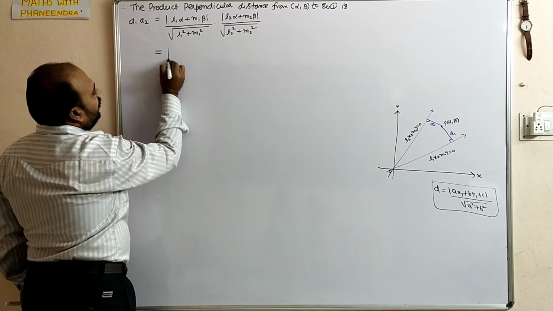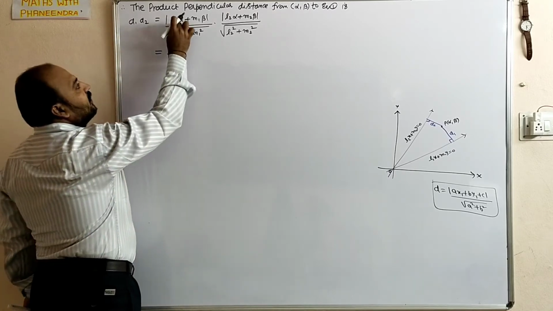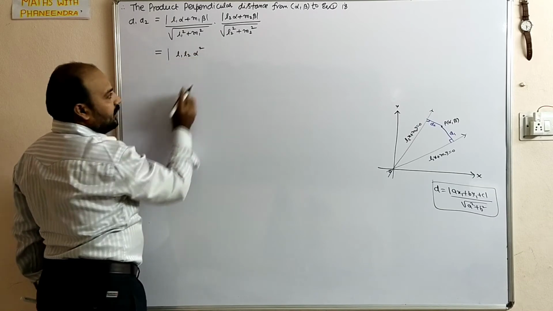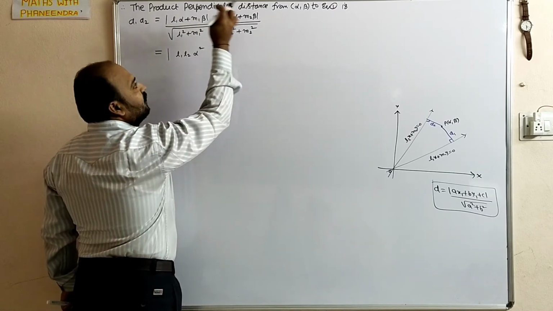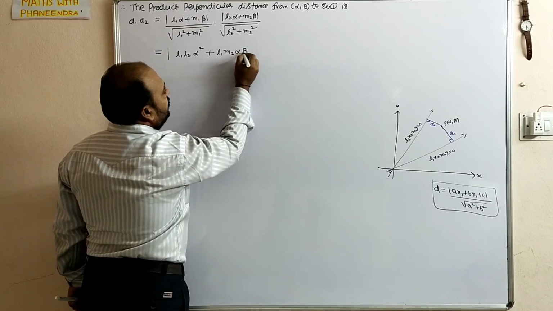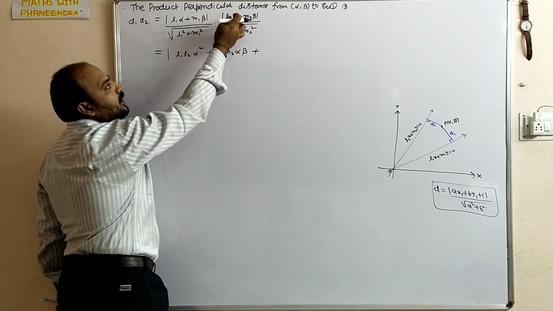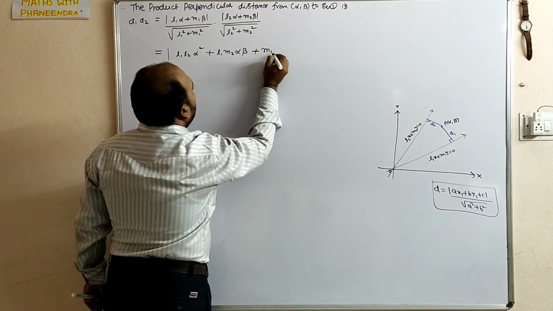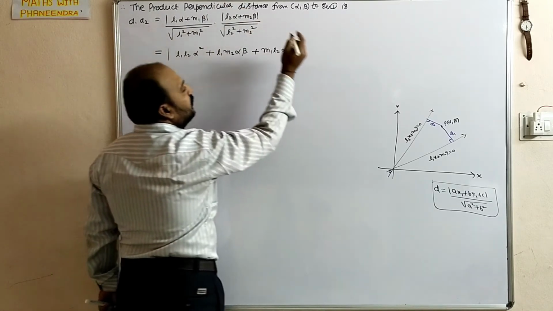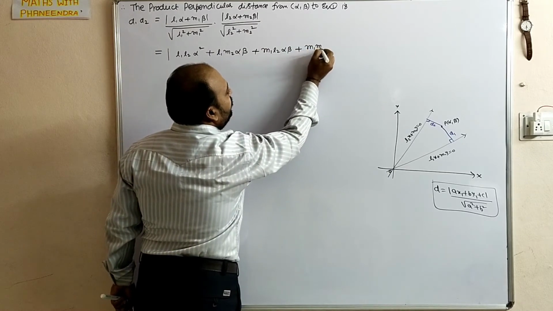In the numerator, L1 alpha into L2 alpha, L1 L2 alpha square, L1 alpha into M2 beta, L1 M2 alpha beta, plus M1 beta into L2 alpha, M1 L2 alpha beta, plus M1 beta into M2 beta, M1 M2 beta square.